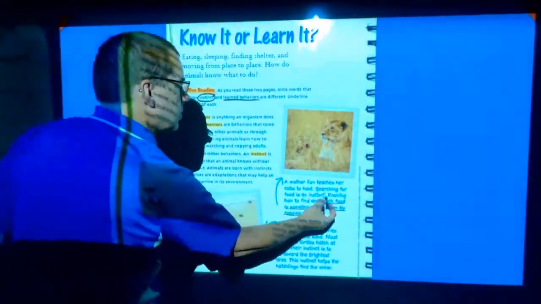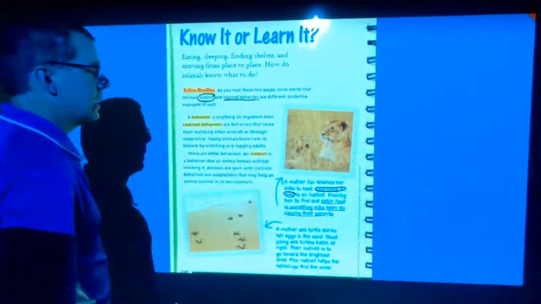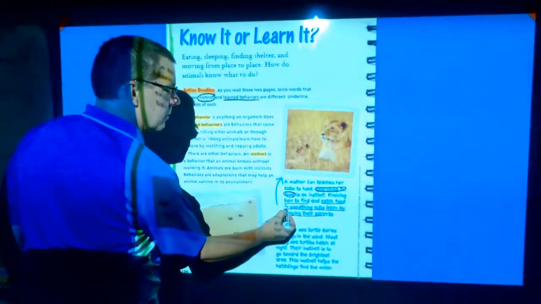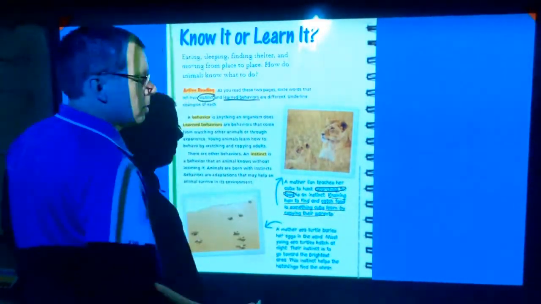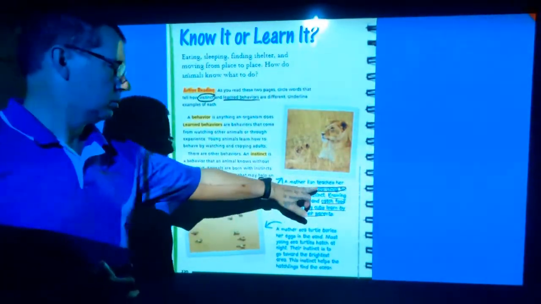Searching for food was an instinct. Knowing how to find the food and catch it is a learned behavior. So I've circled and I've underlined.